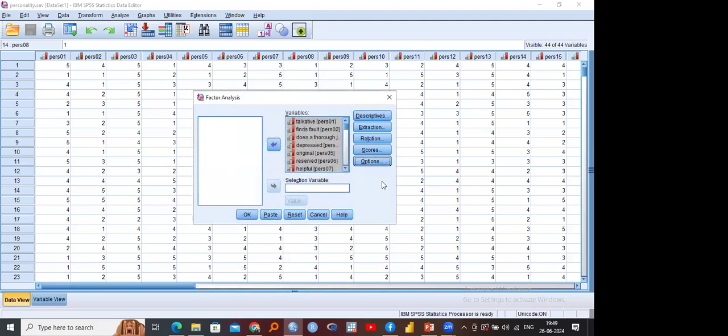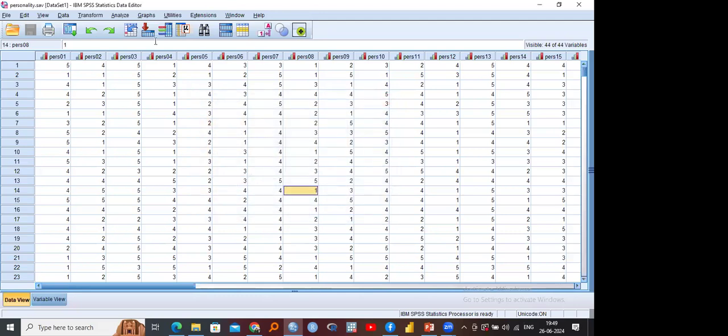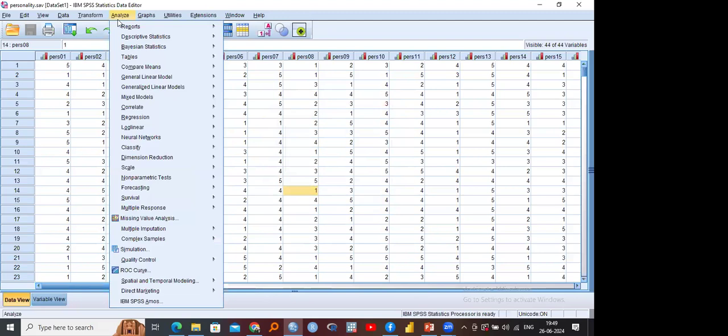Now I'm repeating, before I click on OK and we get the output results, the entire process once again. So if anybody of you has missed any option, then you can recheck it, right? So I'm closing this window, go to Analyze, go to Dimension Reduction because it is a dimension reduction technique. Click on Factor.